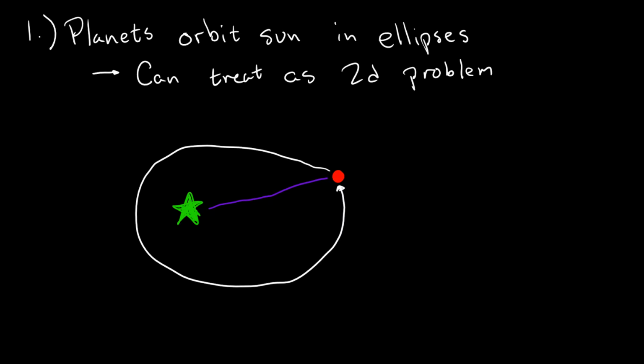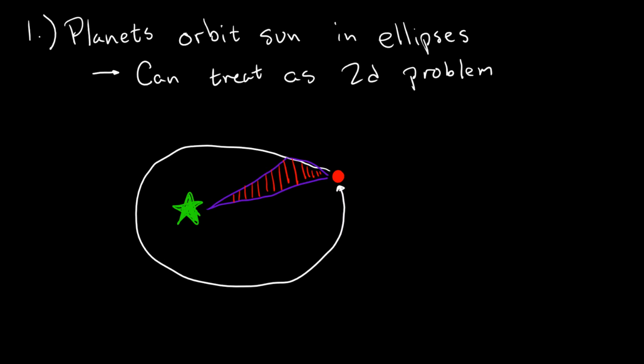Now, as the planet moves through its orbit, after some time, the planet will be at some different location here. And this line will have swept out some area. I'll color it red here. So this line, which connects the sun to the planet, will sweep out some area here.